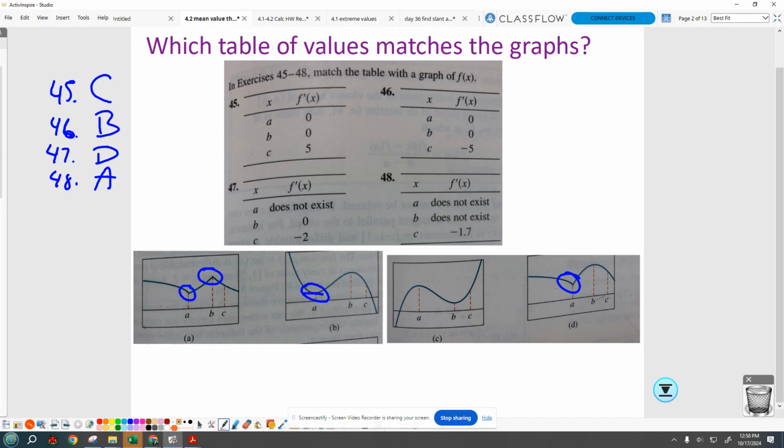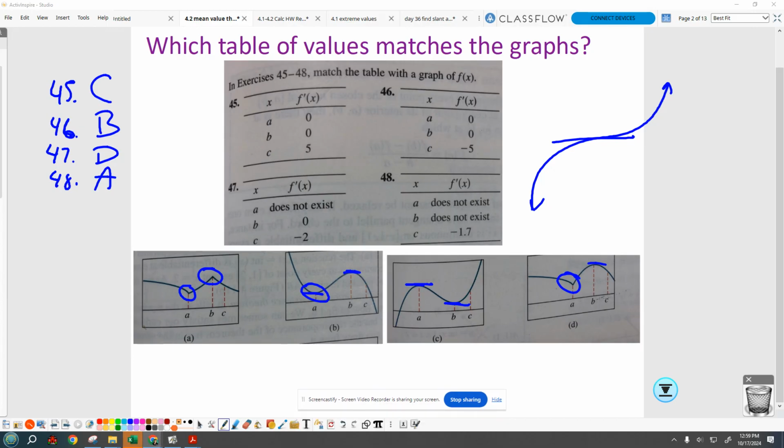Critical point because it's 0, there's a min, there's a max. Does it have to be? Nope. Could hit 0 and just keep going. So just want to put that out there.